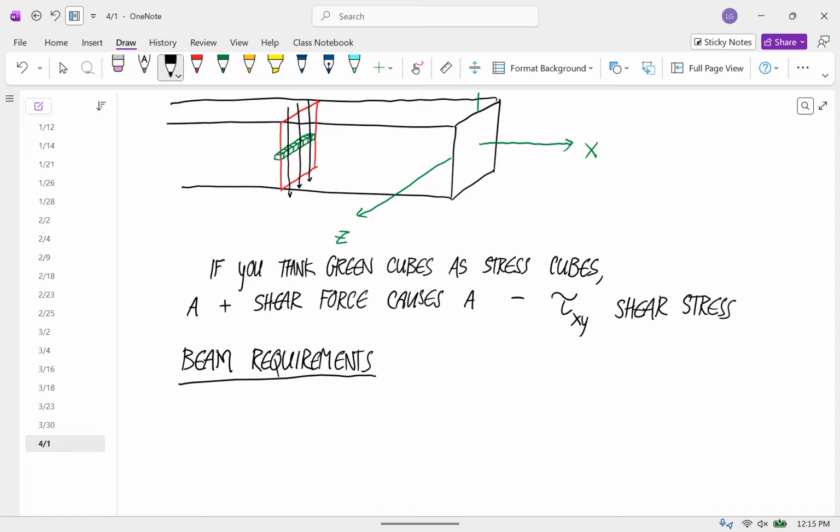That's right, there were none. Good job, everybody. For internal bending moment, there were 3 beam requirements. Anyone remember what those are? Prismatic. Yes, prismatic. Straight. And symmetric about the y-axis. Okay, so more restrictive on what we can use with that bending moment formula.